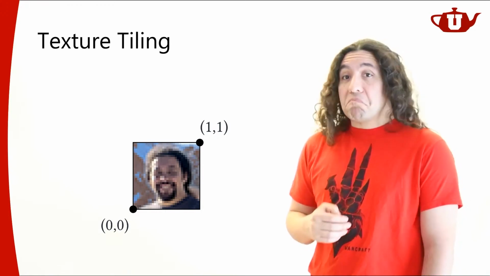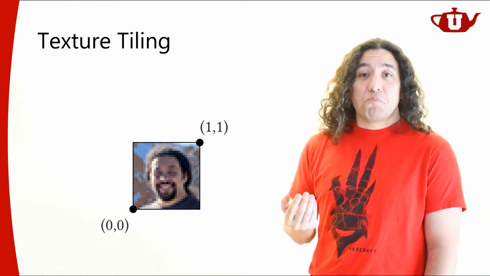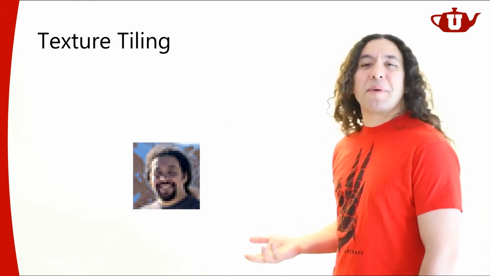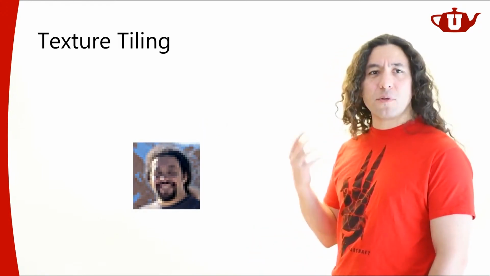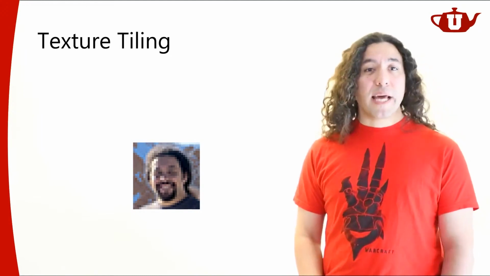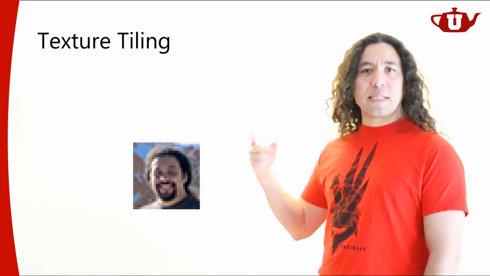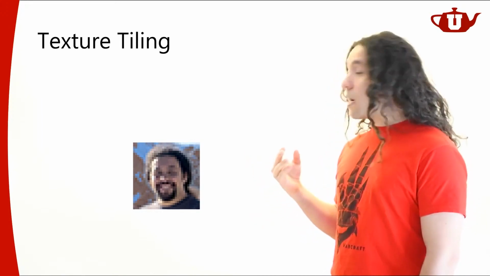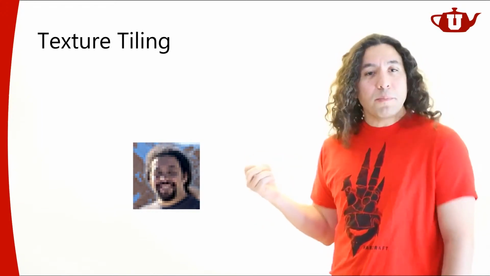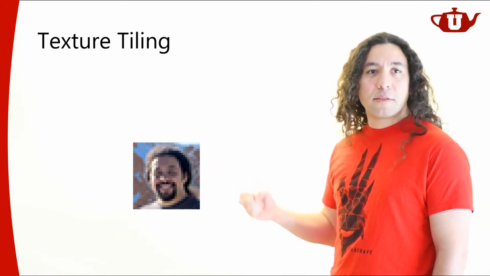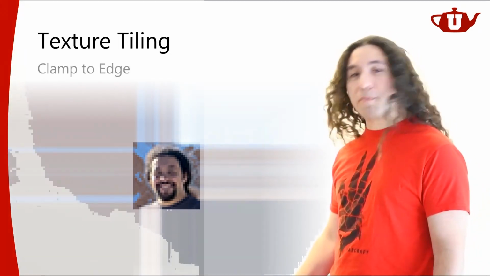Well, it depends on what you want to happen. That's what we call texture tiling, and there are different ways of doing this. For example, we can just say, if you pick a point that's outside of this region, then the texture color of that point will be just the color of the closest texel, whatever that is. That would be what we call clamp to edge.